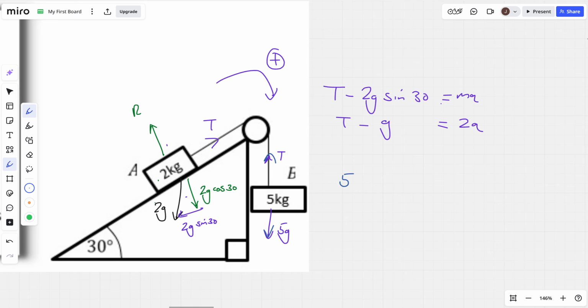For the other one, I'm going to do 5g minus T equals ma, which is 5g minus T equals 5a. Very common, one of them has a g and the other one has an a. So these two are going to be my equations that I add together. Just double checking my work.